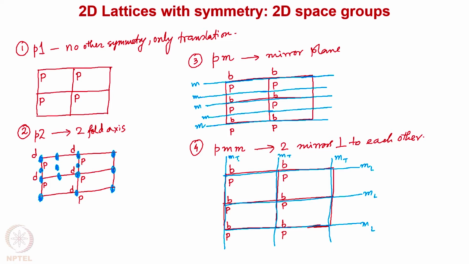So now we see what is happening. Now we try to reflect the objects that are here, P and B, against the transverse mirror. Now we get these objects which are now mirror images of the previous ones.